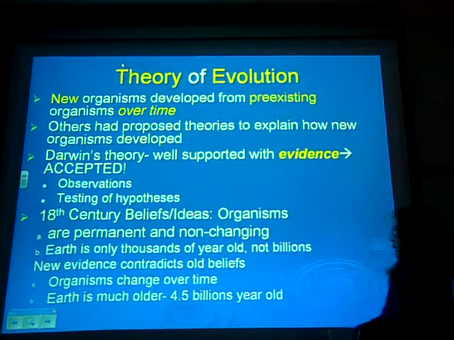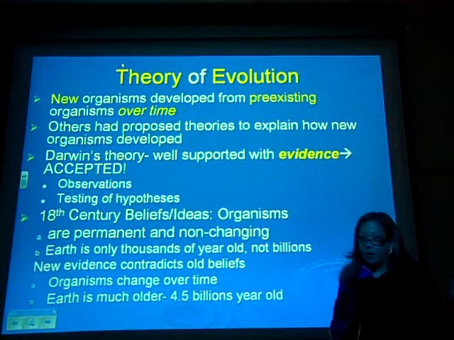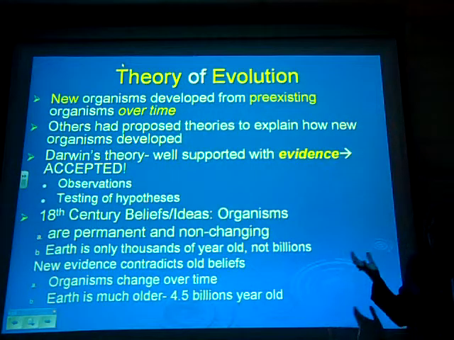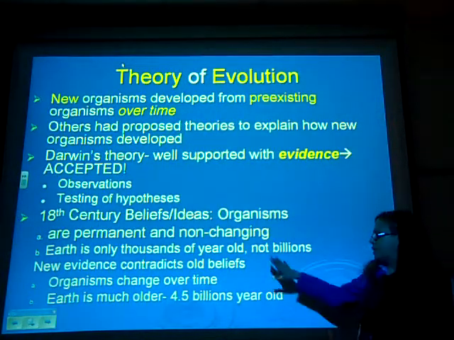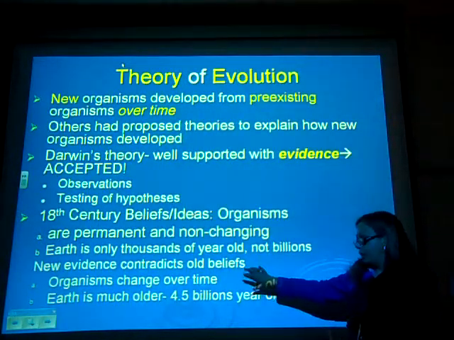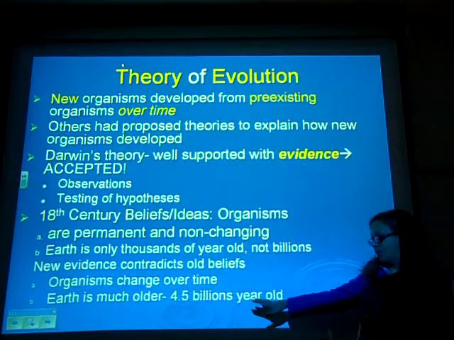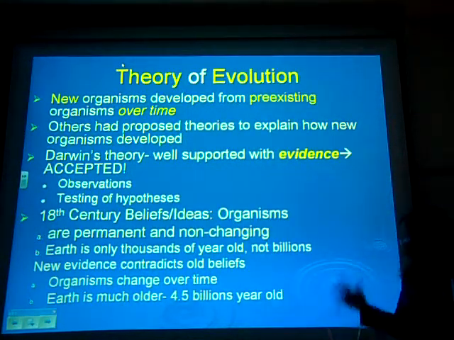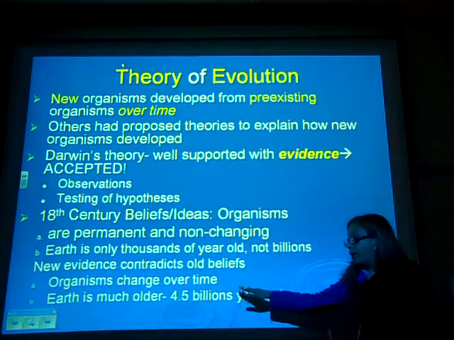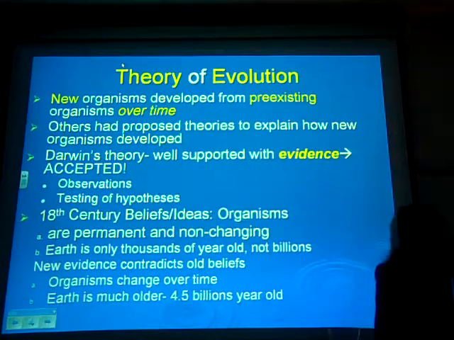The other idea was that Earth was only thousands of years old, in contrast to what we believe today, that Earth is approximately 4.5 billion years old, and that organisms do change over time.